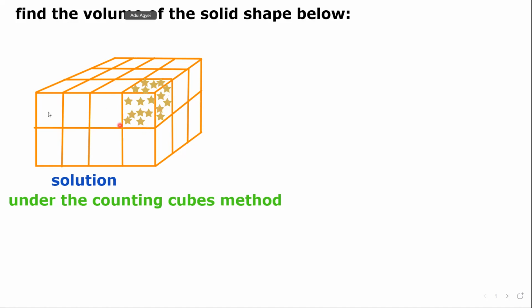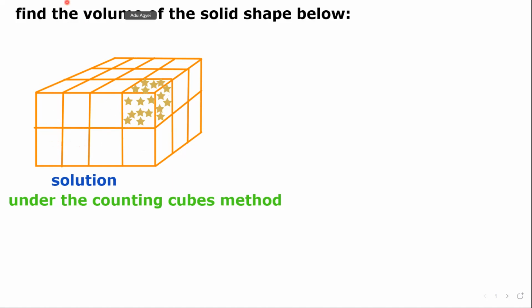So you first count the front layer. It's made up of how many cubes? Looking at the front layer here, the number of cubes that occupies here is 1, 2, 3, 4, 5, 6, 7, 8.